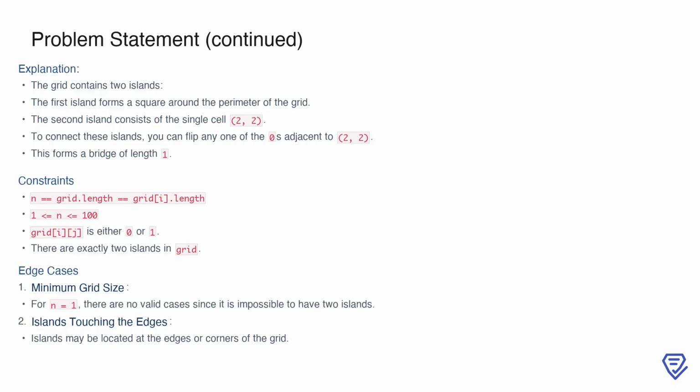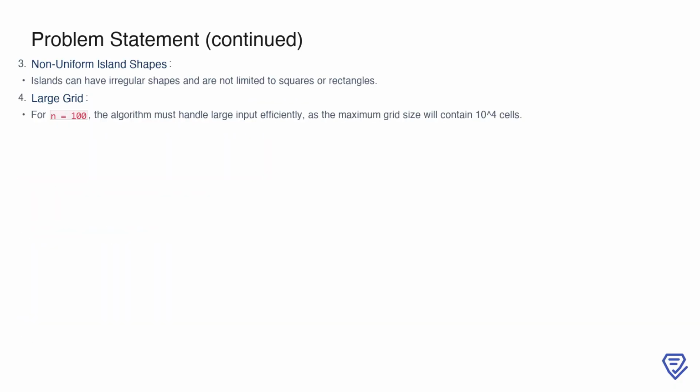For instance, if the grid size is 1, the problem does not apply because it's not possible to have two islands. Additionally, islands can be located at the edges or corners of the grid, and they may have irregular shapes, which means they're not always square or rectangular. Lastly, for larger grids with up to 10,000 cells, your solution must be efficient enough to handle these inputs within a reasonable time frame.